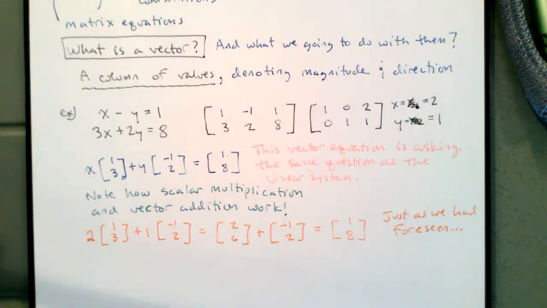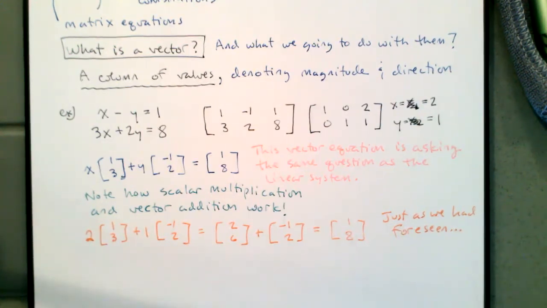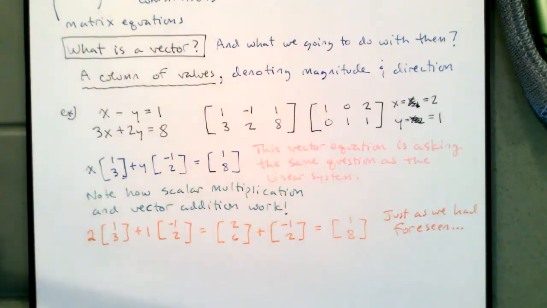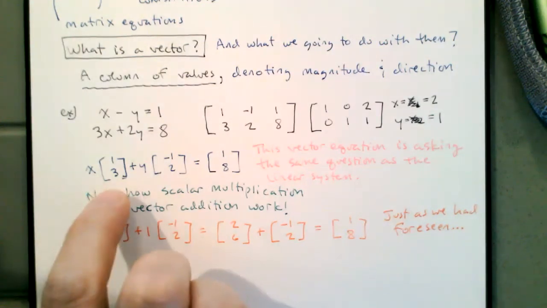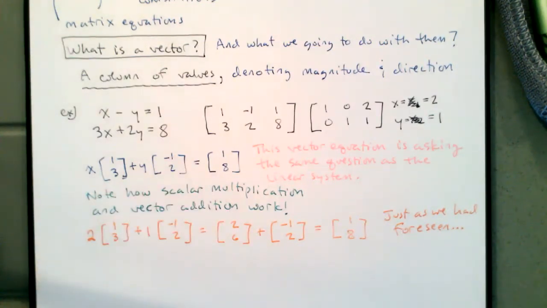So this demonstrates how scalar multiplication, take a vector and multiply it by a scalar, and vector addition, how to add a couple of vectors, works. Now, this is a math class, and so we need to add some more language to this. When we take x times 1, 3 plus y times -1, 2, we're making a linear combination of vectors.